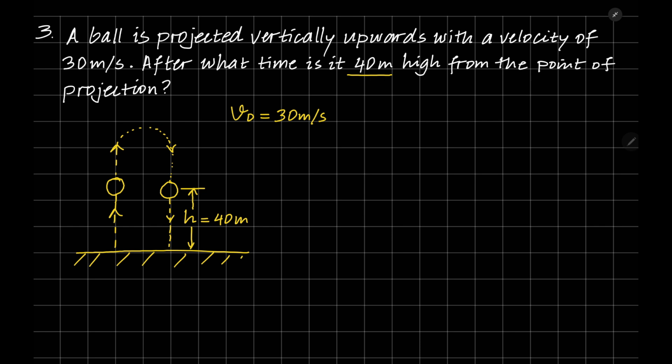Again, we know that h is equal to the vertical component of the velocity, v naught y, times flight time plus 1 over 2 g t square.